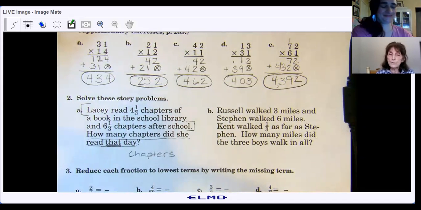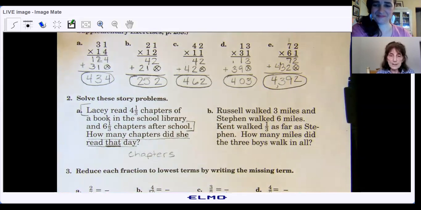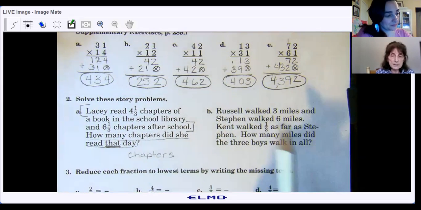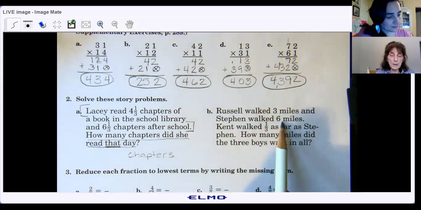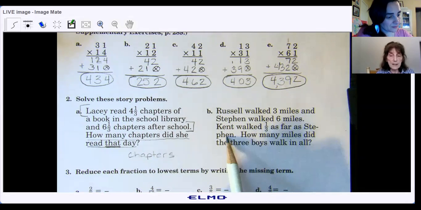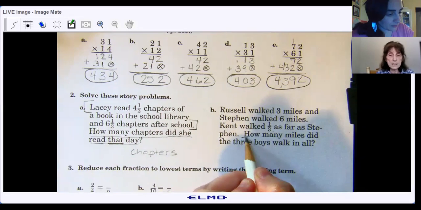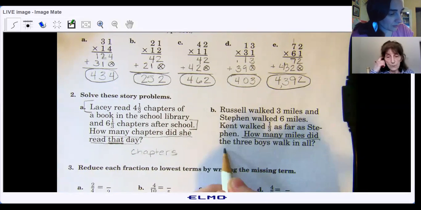Okay, let's move on to B. Russell walked 3 miles and Stephen walked 6 miles. Kent walked 1/3 as far as Stephen. How many miles did the 3 boys walk in all? So that's your question. How many miles did the 3 boys walk in all?